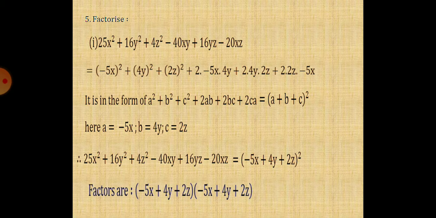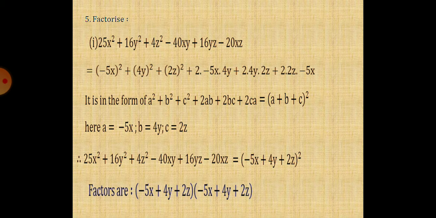Let us write it in the form of a square plus b square plus c square, then we can know what a, b and c are to write 2ab plus 2bc plus 2ca. Now for 25x square, instead we are writing (minus 5x) square. Why are we allotting the minus sign to x only?